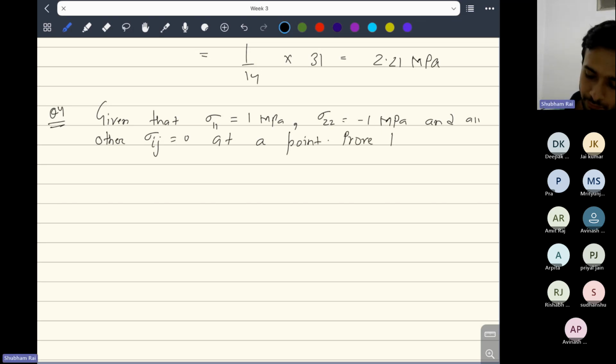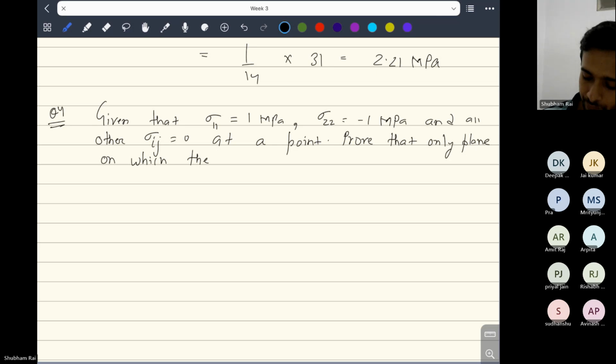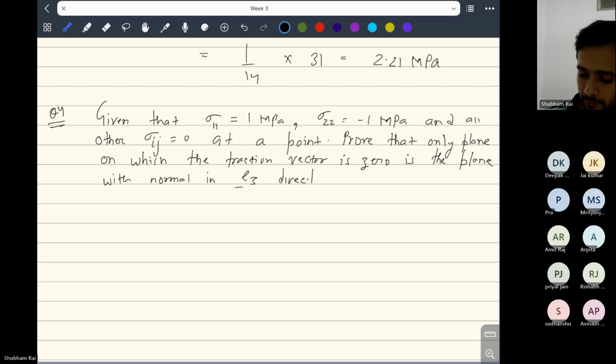You have to prove that the only plane on which the traction vector is 0 is the plane with normal in E3 direction. You have to prove this.